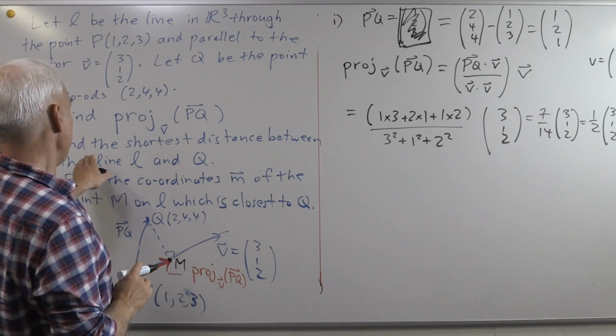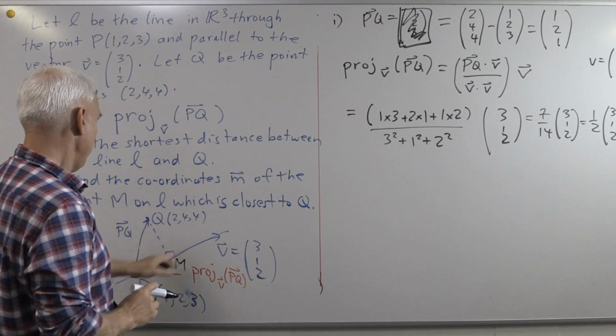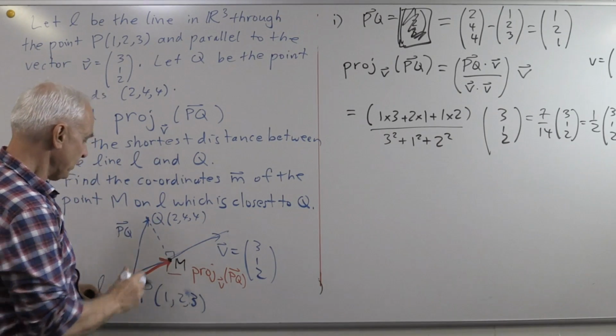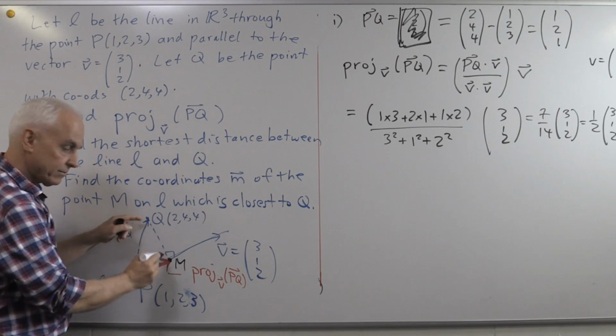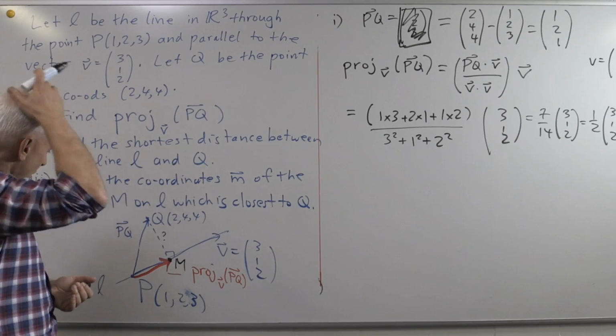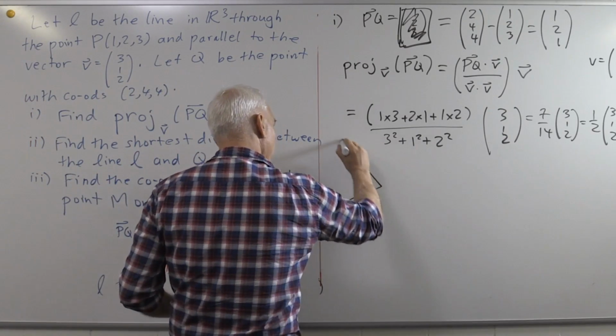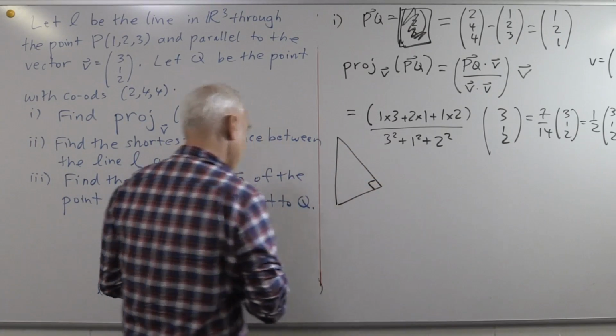Okay, now we have to find the shortest distance between the line L and the point Q. So we need to find this distance here. That's the distance that we need to find in the second part. Okay, so we have this right triangle here, so let me just draw that triangle again to remind ourselves.